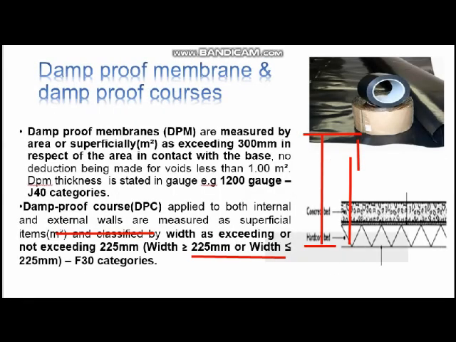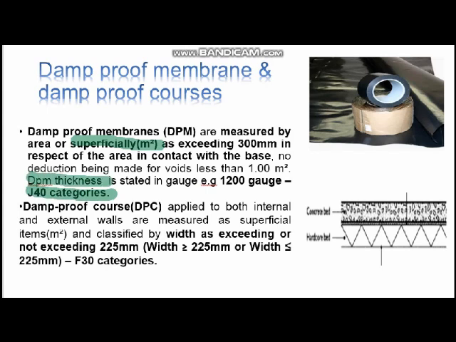Now we go to the damp-proof membrane and also the damp-proof course. The damp-proof course is for wall, meanwhile the damp-proof membrane is for the concrete bed and in between the concrete bed and hardcore bed. When you measure the damp-proof membrane, it should be measured in meters square, and when you describe it, it will be under J40 categories.